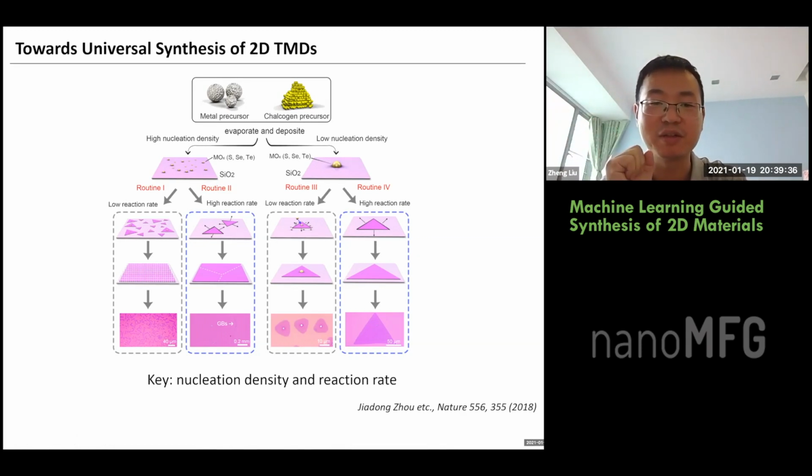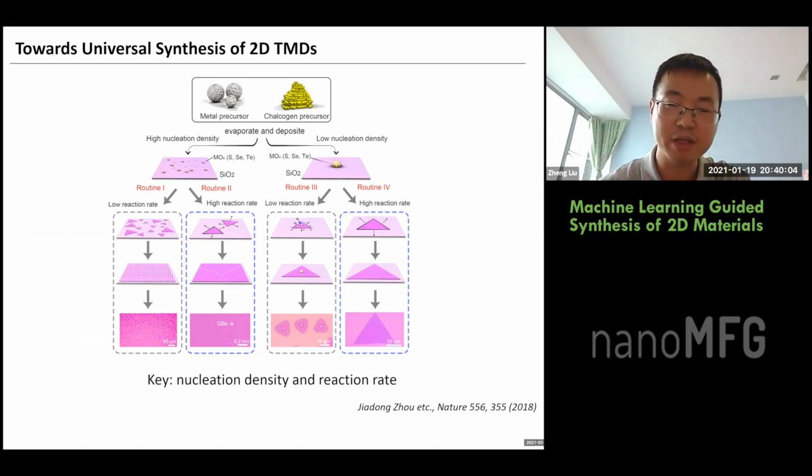so that we can have large-scale materials with low defects. Unfortunately, 5-6 years ago, it was very challenging to grow most of the TMDs, except for molybdenum sulfide and tungsten selenide. And the reason is what? Some of the TMD materials, such as the hafnium-based and titanium-based ones, have precursors with a very high melting point, more than 1,000 degrees, right?